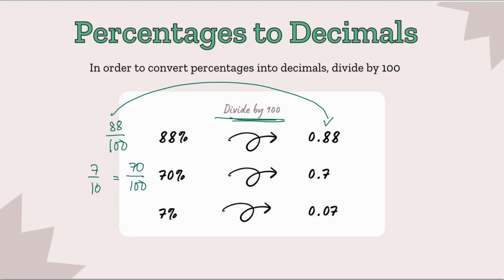But on the other hand, you have here 7%, which is very different from 70. 7% divided by 100 is equal to 0.07. As I have explained to you in our class, make sure that you will not get confused between 70 and 7.